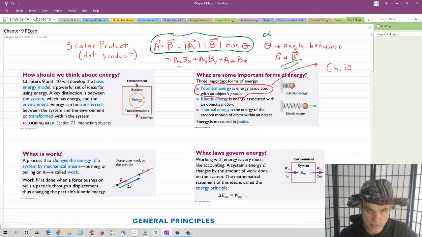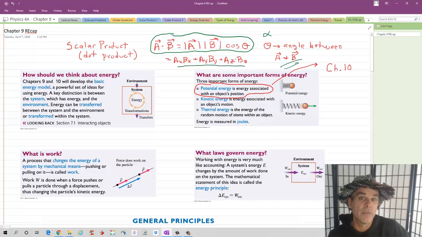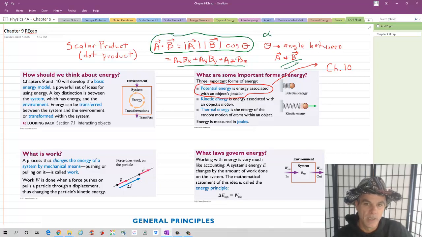Now, you can also show that if you're given x, y, and z components of the vectors, the dot product is also equal to ax bx plus ay by plus az bz. And the reason we care about the dot product is because work for a constant force is defined in terms of the dot product of the force dotted into displacement.